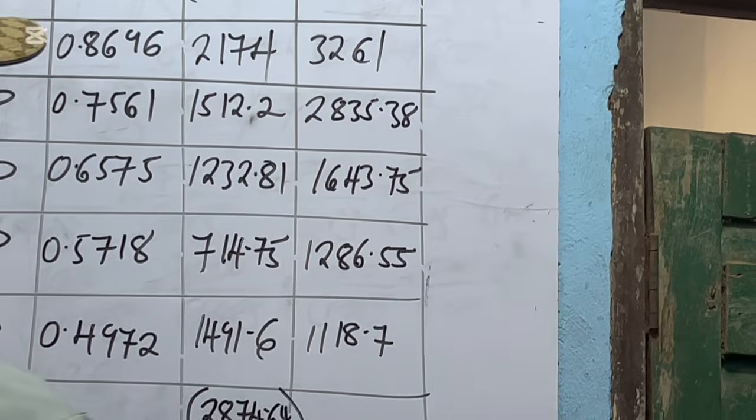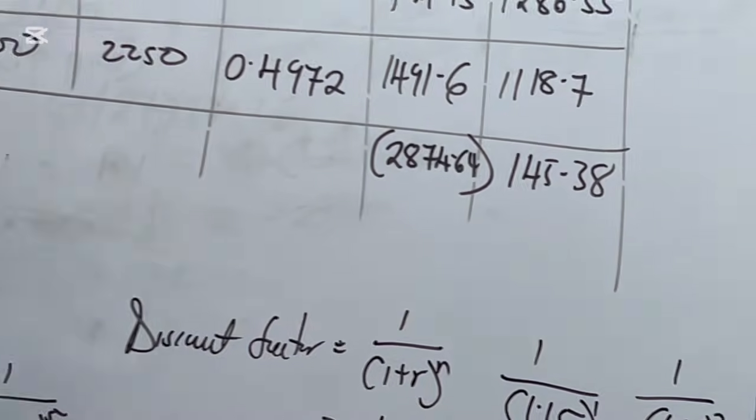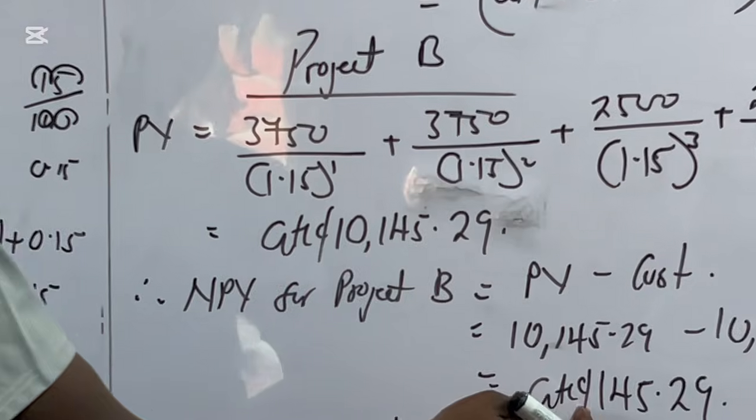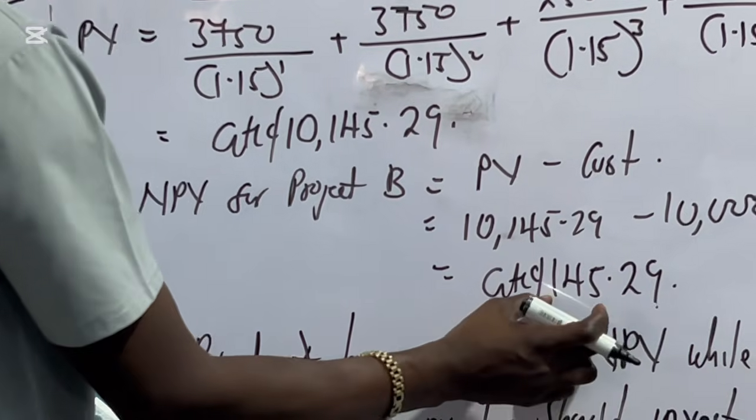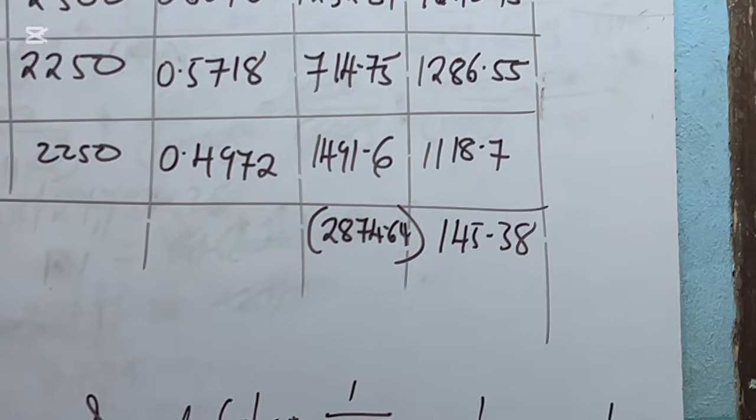And that will give us positive 145.38, just like you are seeing here. Positive 145.29. So you see the 145 was an approximated figure. That is what we are having here.